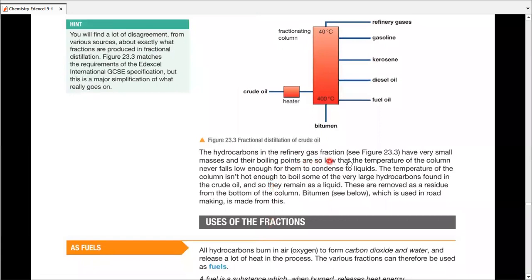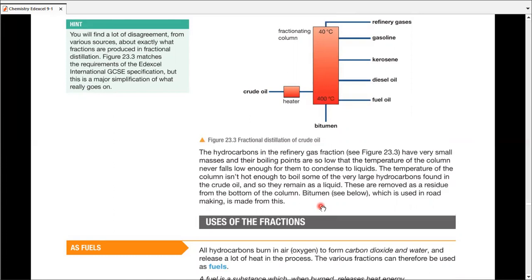The hydrocarbons in the refinery gas fraction have very small masses since they actually go highest up the column. Their boiling points are so low that the temperature of the column never falls low enough for them to condense to liquid. The temperature of the column isn't hot enough to boil some of the very large hydrocarbons, so they remain as liquid and they stick to the bottom.